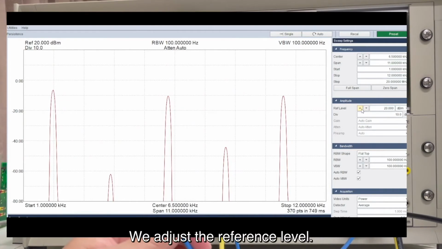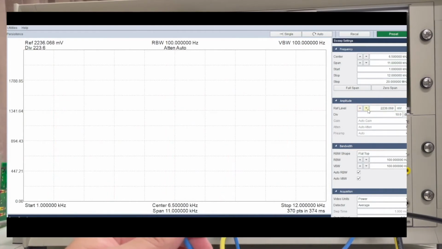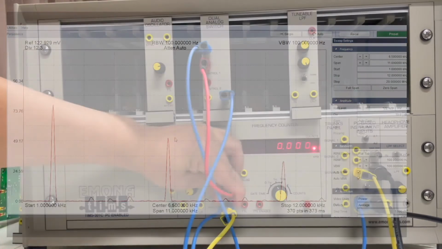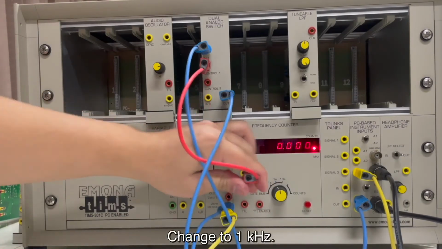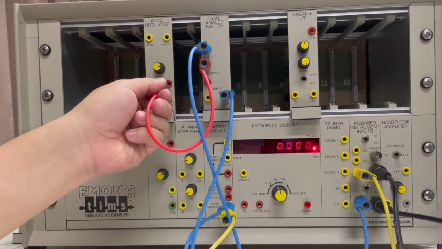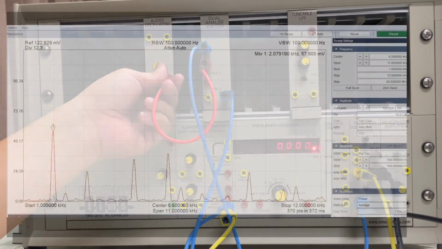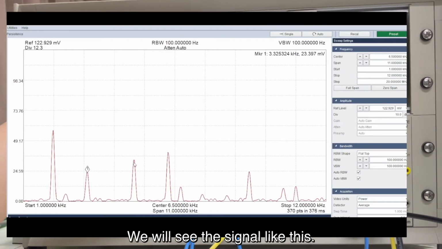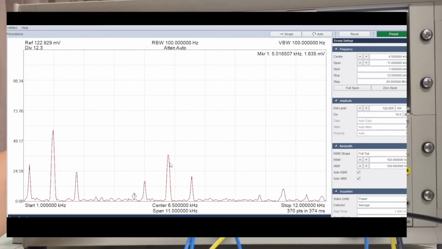We adjust the reference level. Change to 1 kHz. We will see the signal like this.